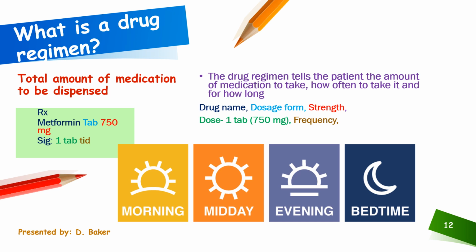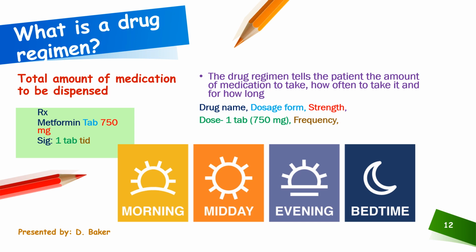So you can go back, of course, and review what these abbreviations mean. Now, in terms of the dose itself, it says 1 tab. So that would be 750 milligrams because that is what we established the strength of the medication to be in the previous line, 750. So 1 tab meaning 750 milligrams per dose.